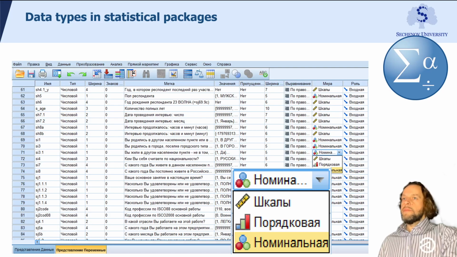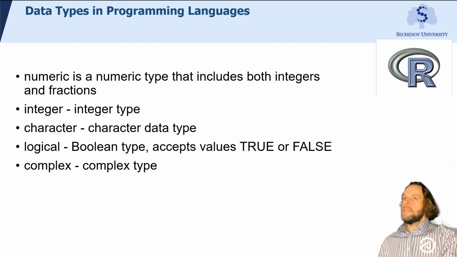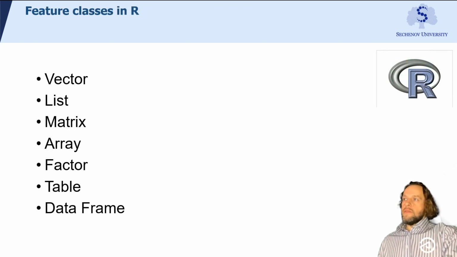Of course, the same types of data we could choose in statistical packages for analyzing, and programming languages operate with data types, and variables could be defined in which data type they will operate. It could be numeric, integer, characters, logical, complex data types, and in more complicated cases, we are able to work with vectors, lists, matrices, arrays, factors, tables, data frames, and so on.